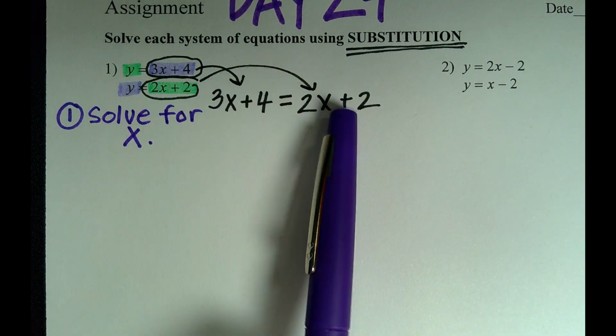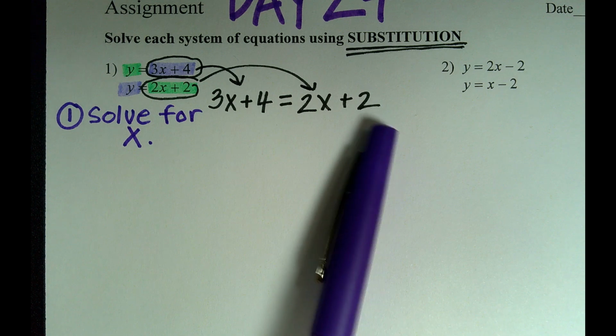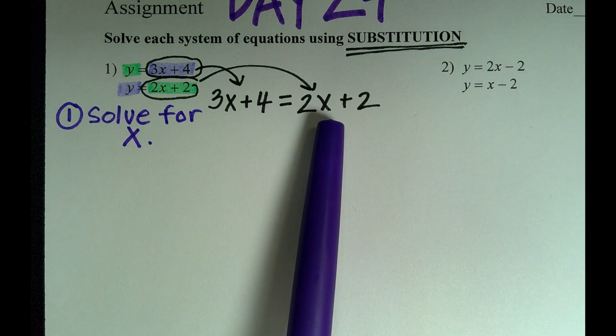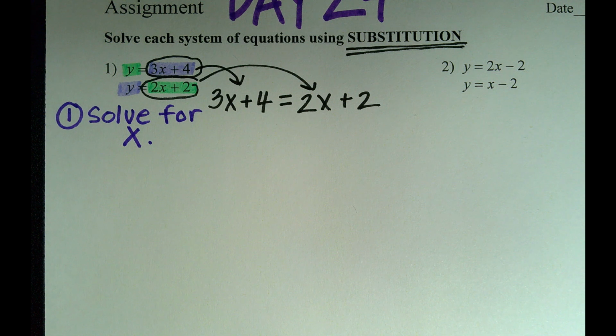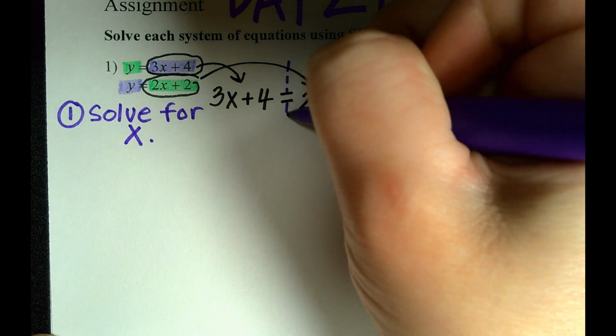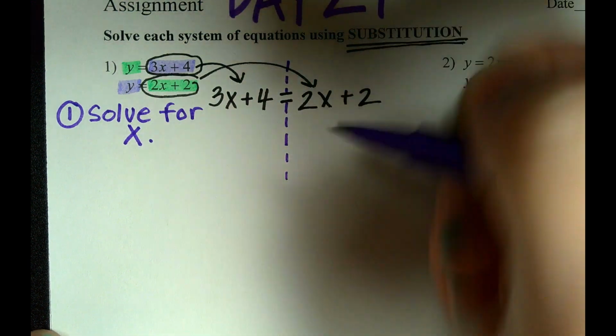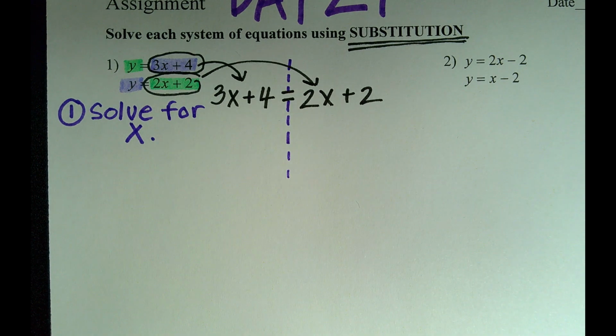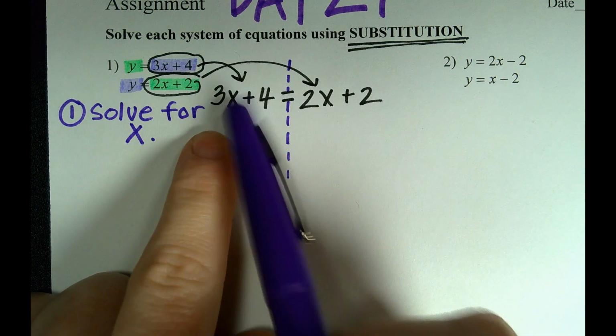So whenever we have an equation like this, you'll notice that we do have x's. We've got variables on both sides of the equal sign. So whenever we're trying to solve for x, I'm going to draw a line right down the middle of that equal sign to separate my sides. When we're trying to solve for x, I need my equation to be rearranged in a way that I have x equals something. I cannot do that if there's x's on both sides.